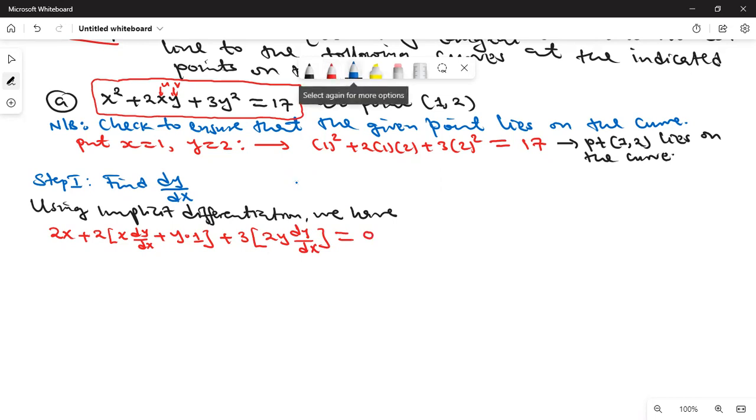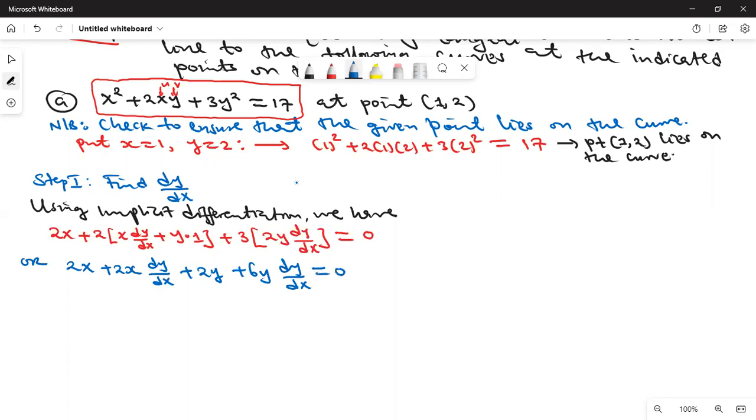This you can also write as 2x plus 2x dy/dx plus 2y plus 6y dy/dx. That should give us 0.